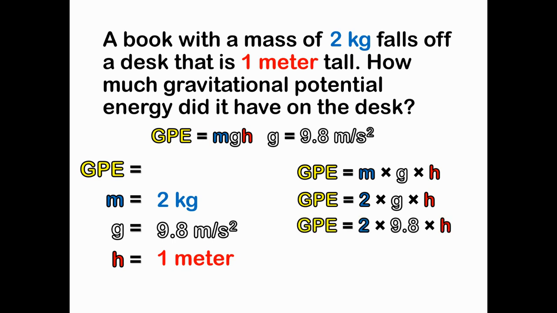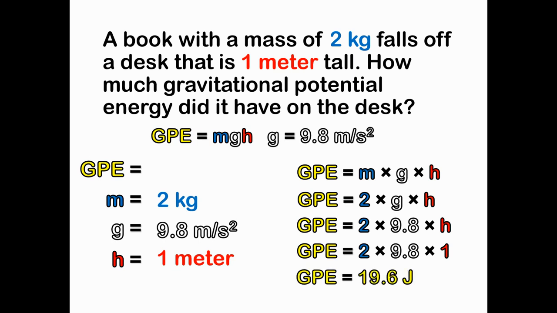And for our height, we're going to enter 1. And next, we're going to grab our handy dandy calculator, and we are going to multiply 2 times 9.8 times 1, and you will end up with 19.6 joules. So we now know how to calculate how much gravitational potential energy an object has when it is off the ground.